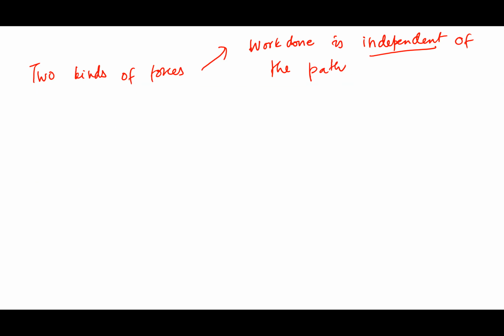So work done is independent of the path. These forces are called conservative forces. They're called conservative forces, not because they don't like Democrats, but because they conserve energy.